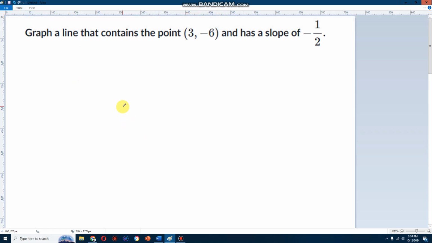Now, first things first, I need to know what the equation of a line is. The equation of a line is y equals mx plus b. This is called a linear equation formula. This is what we use all the time in order to graph equations on a coordinate graph.